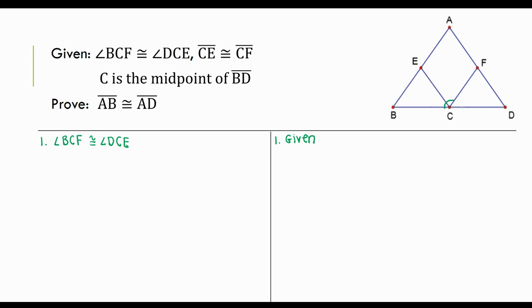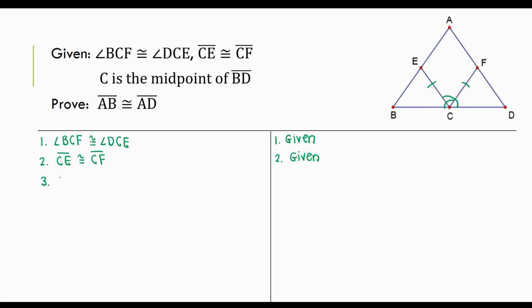That's congruent to DCE. That is that angle. All right. Moving on, I know that the segment CE is congruent to the segment CF. That is given. So CE, that segment. CF, that segment.